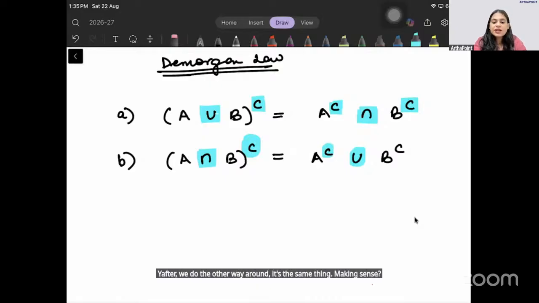Complement of intersection is union of complements. Making sense? These two things are called De Morgan's law. I will show you where it will be used in some time, but just write down De Morgan's law.